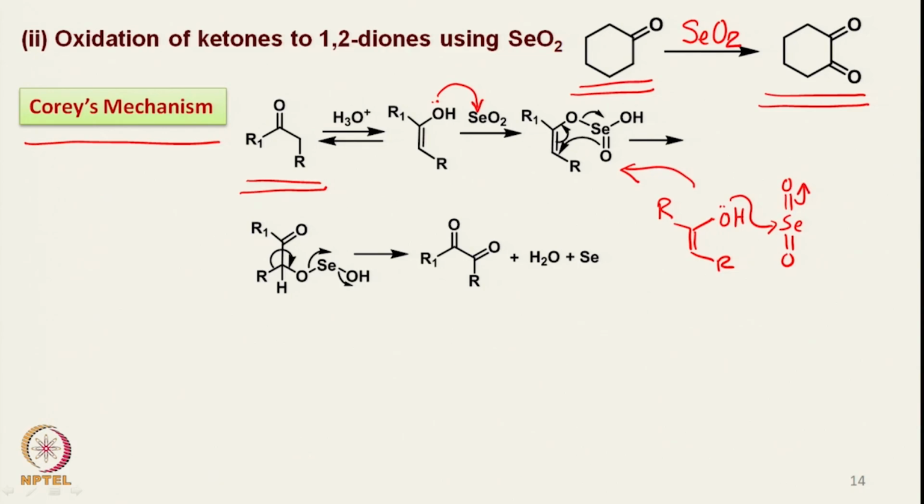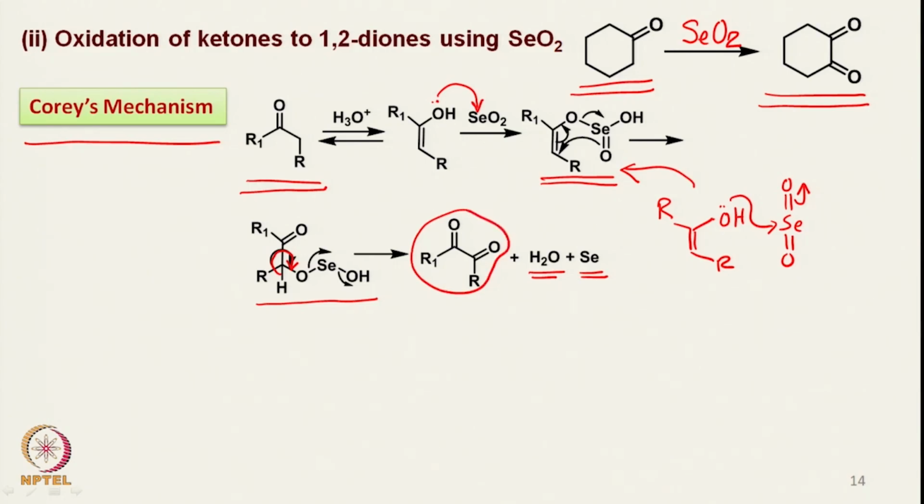Now this intermediate undergoes this type of oxygen transfer to form this intermediate, where what is proposed by Corey is basically a loss of this water and selenium metal. At the same time there is oxidation occurring to form this 1,2-diketone.